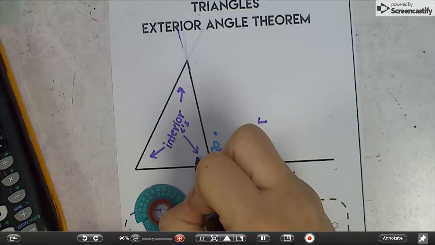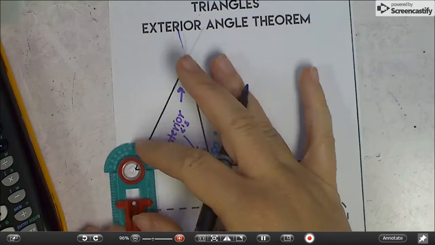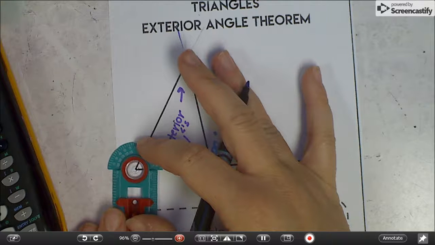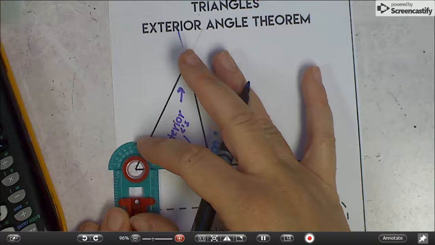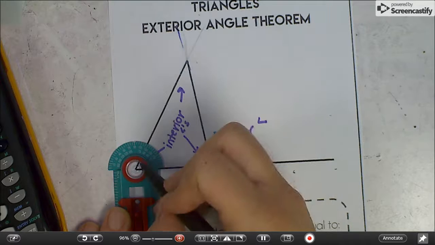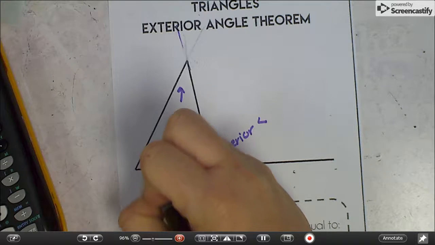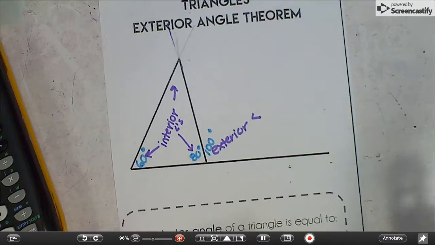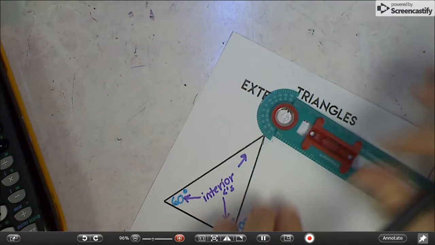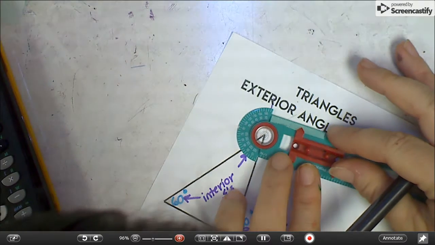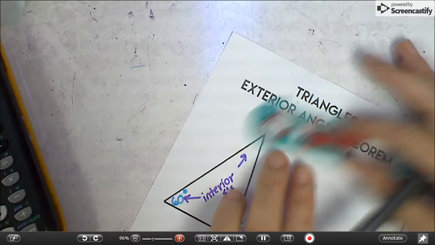That means this is 80 degrees. If we measure this over here, that one is 60 degrees. And if I measure the one up here, that's 40 degrees.